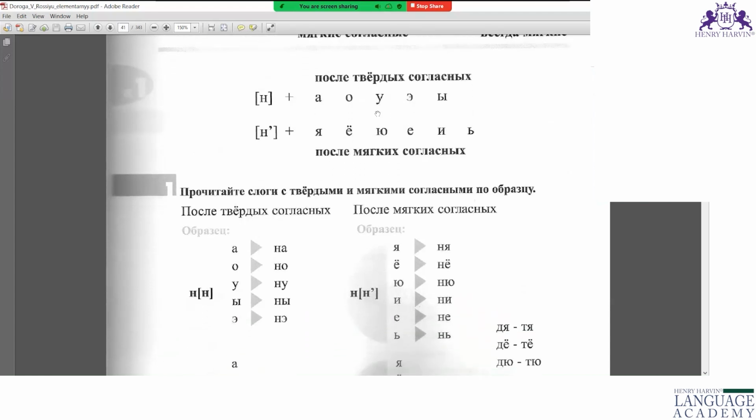Also last lesson, I explained the difference between hard and soft vowels. A, O, U, E, Y are hard vowels. Ya, yo, yu, ye, i are soft vowels. The soft sign is not a vowel. So we have a pair, right?